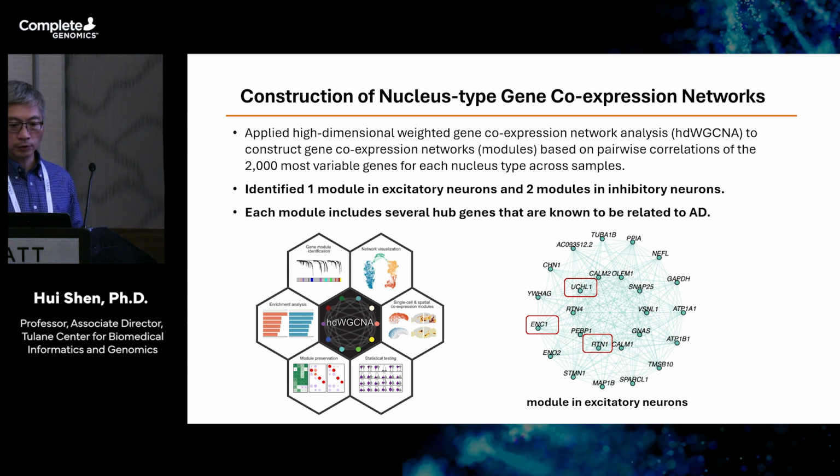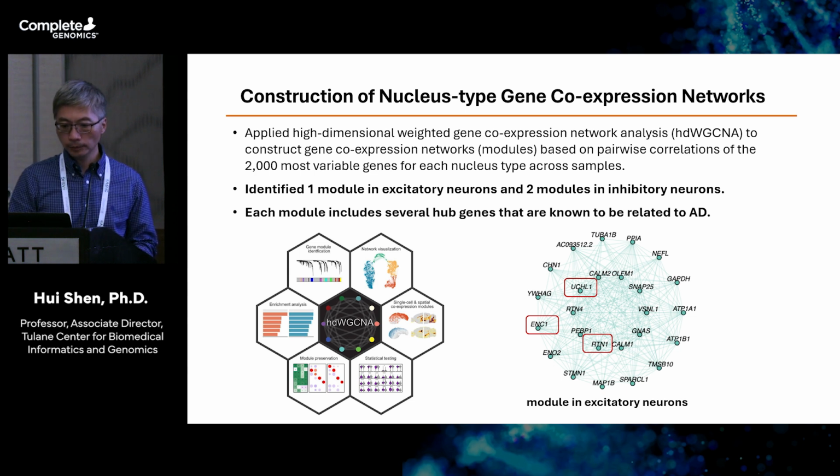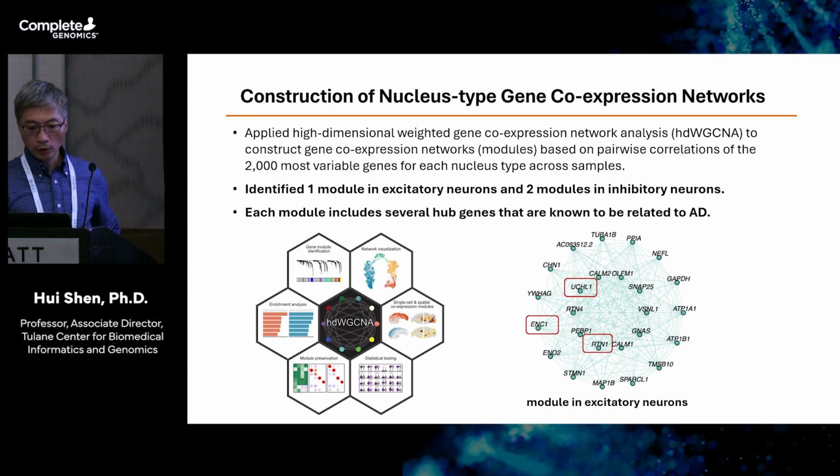Each of the genes in these modules normally has expression profiles that are highly intertwined, which normally reflects a common functional activity. We applied this method to the 2,000 most variable genes for each nucleus type across different samples, and we identified one module in the excitatory neuron and two modules in inhibitory neuron.